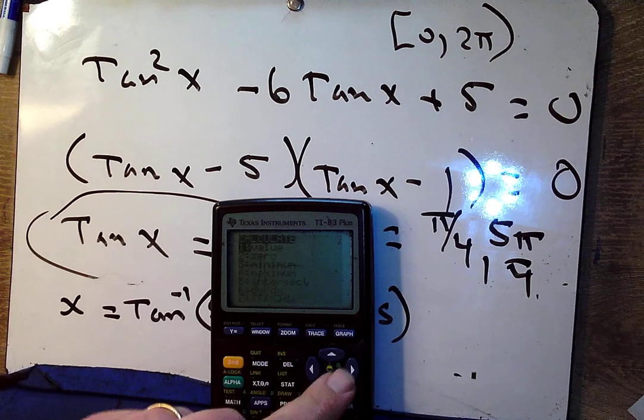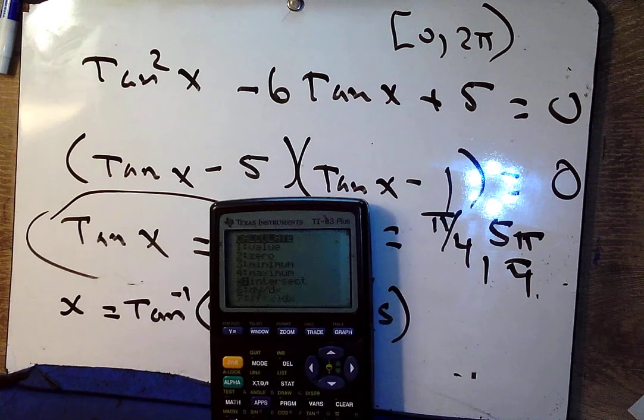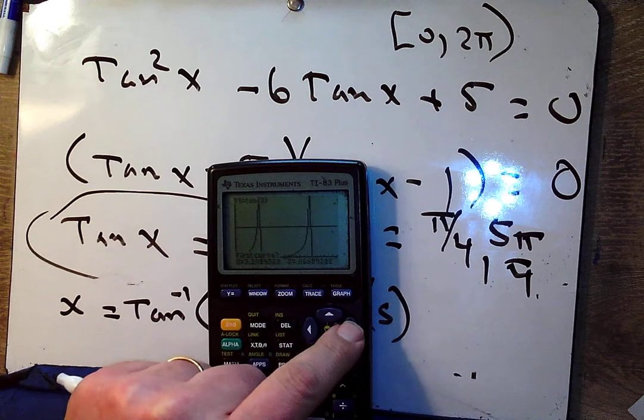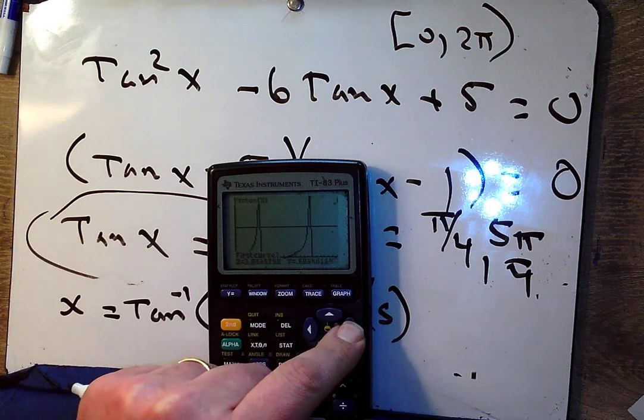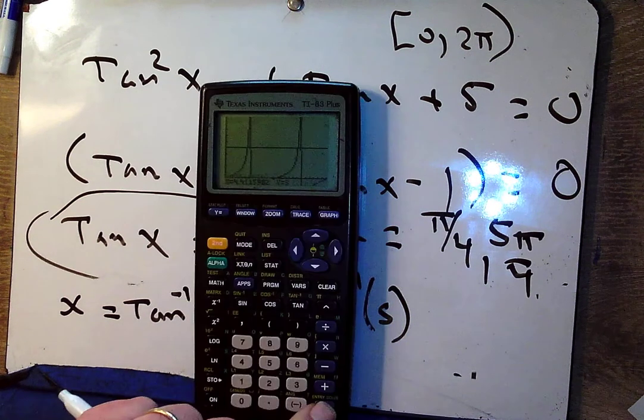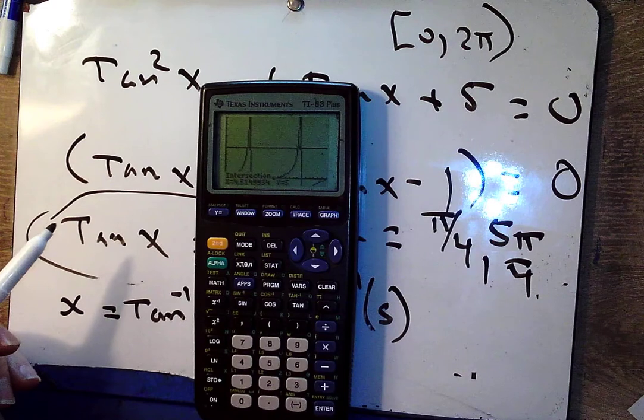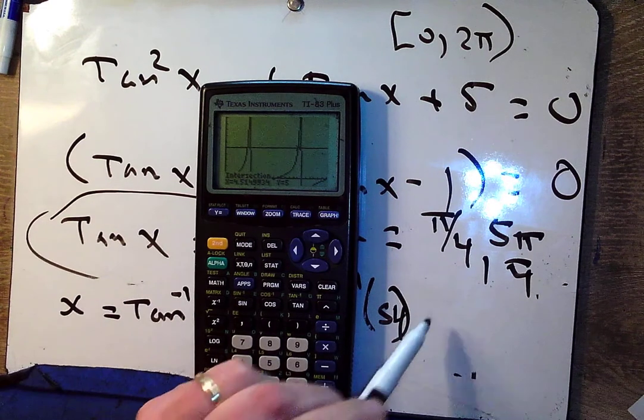Okay, so second, calculate intersect. Bringing my cursor close to the point of intersection. And hitting enter, enter, enter. And I get 4.515.